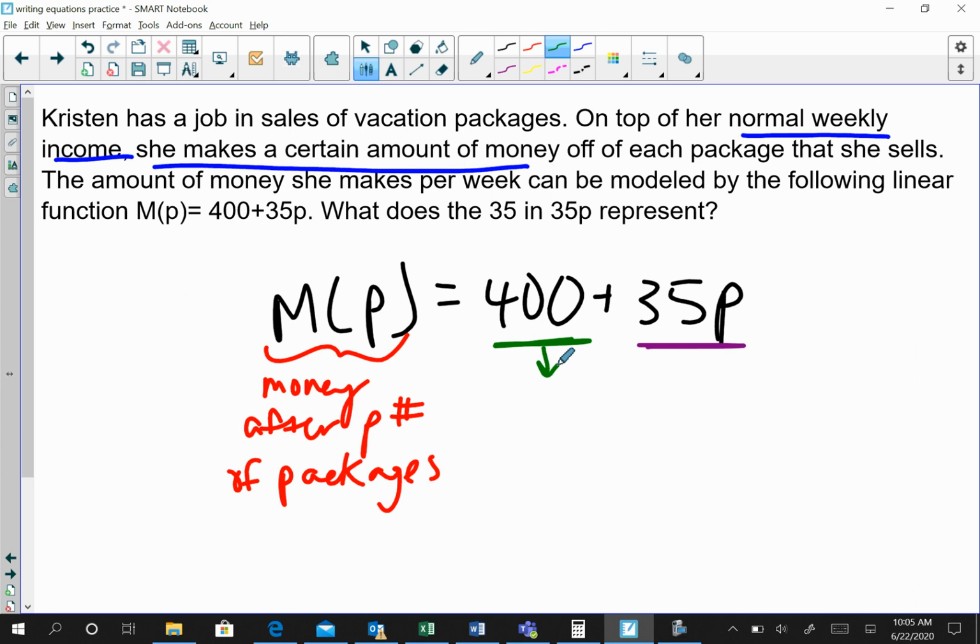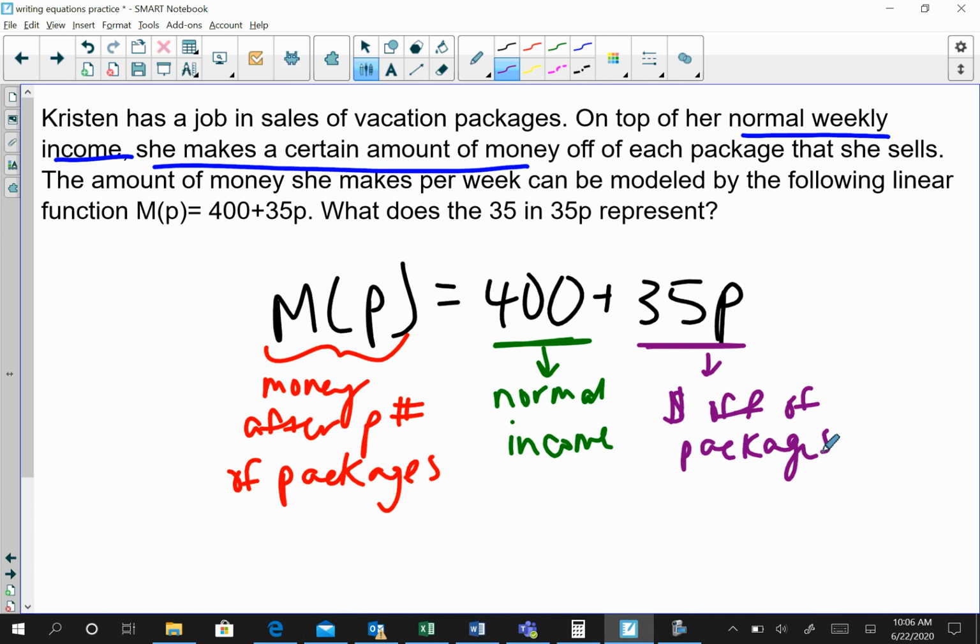So this is her normal income, which means that her 35P is money off of packages. Basically her commission.